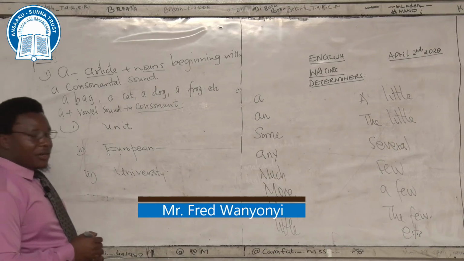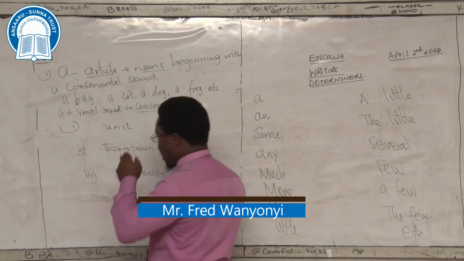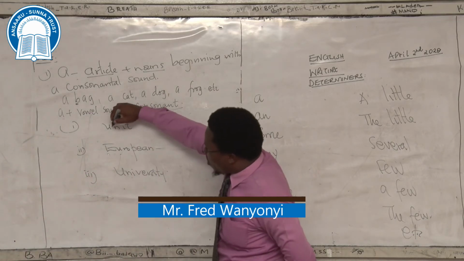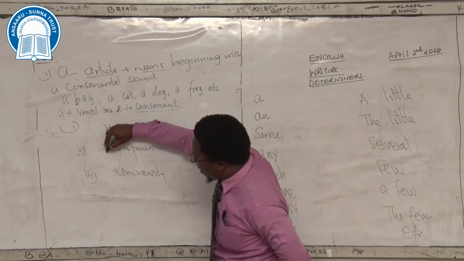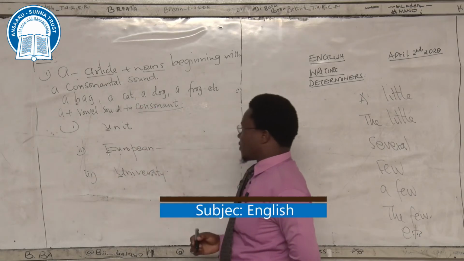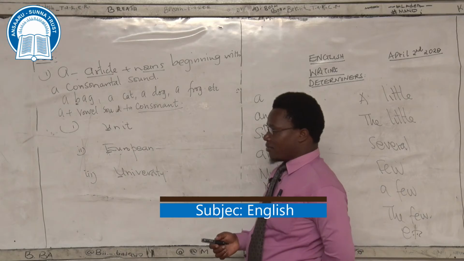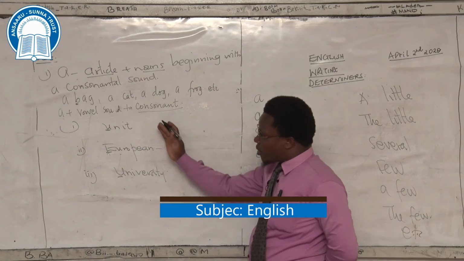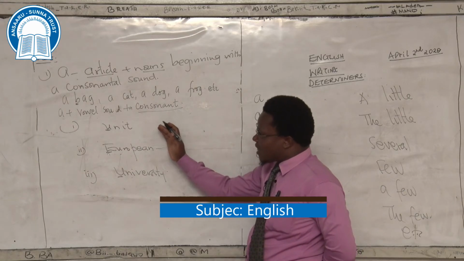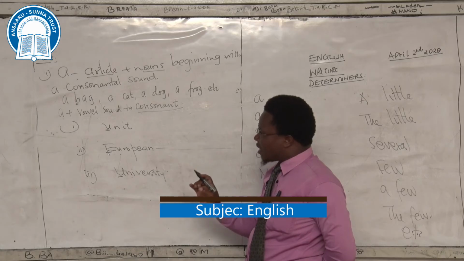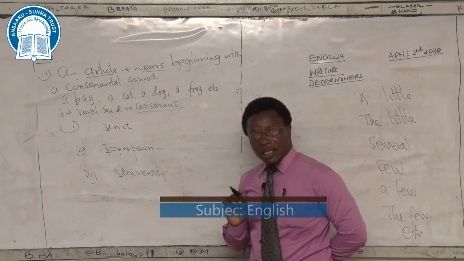When you look at these 3 words, at the beginning of these 3 words, we have the vowel sounds. But when pronouncing these words, they are not pronounced as if at the beginning we have the vowel sounds.